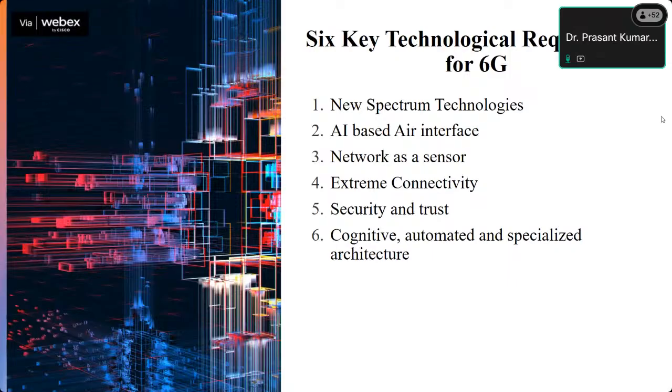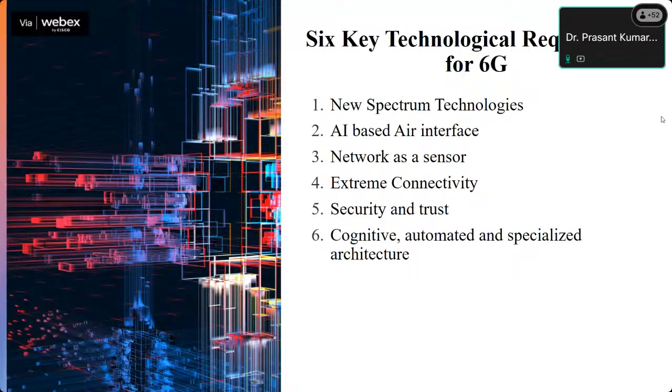But the major challenges for 6G, though people are working on this right now, are the following six major challenges. One is new spectrum technologies. There is no standardization yet on which spectrum to be used for 6G. The AI based air interface is again a major problem because AI will take a lot of resources, and the question is how to make it a lightweight interface.